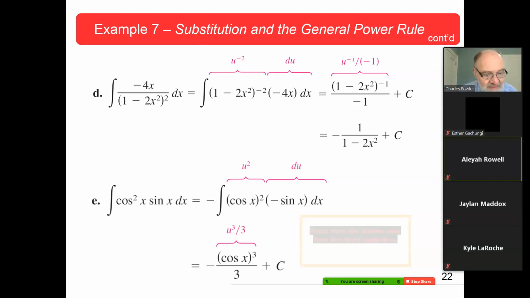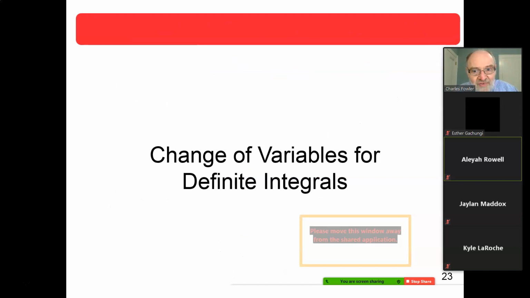If not, what we go to next is change of variables for definite integrals. Okay. So far we've done, I think, all indefinite integrals. But if you have to do a definite integral, there's a couple ways you could do it.